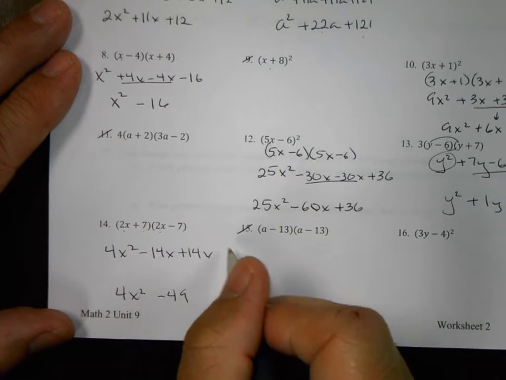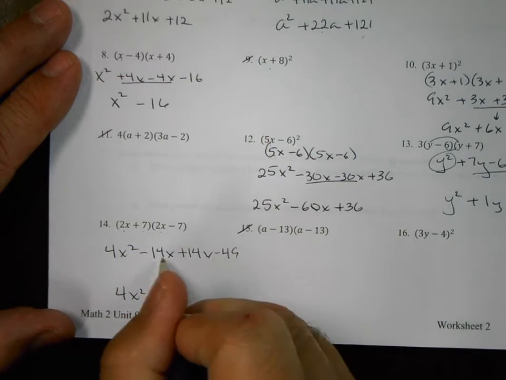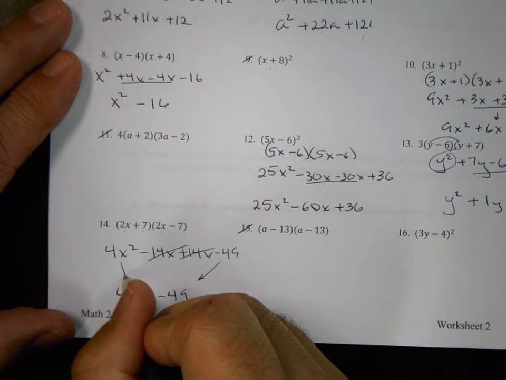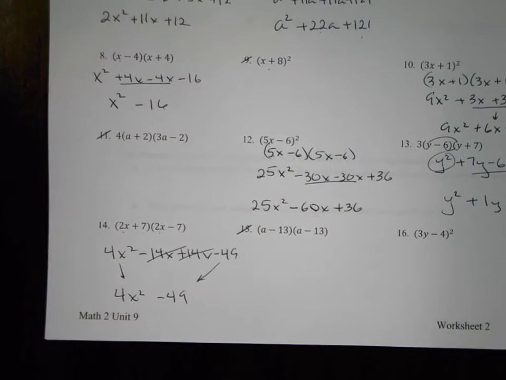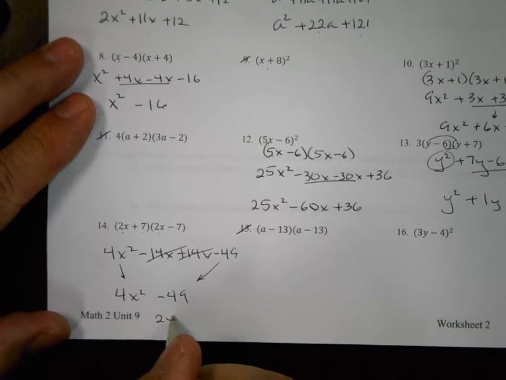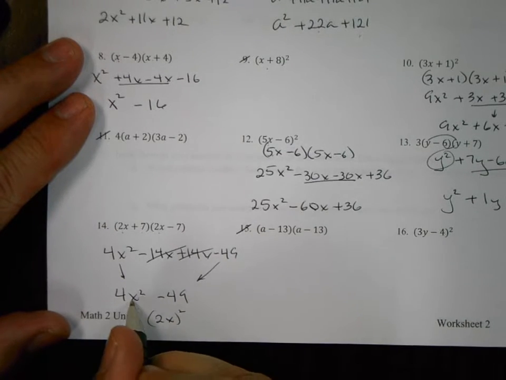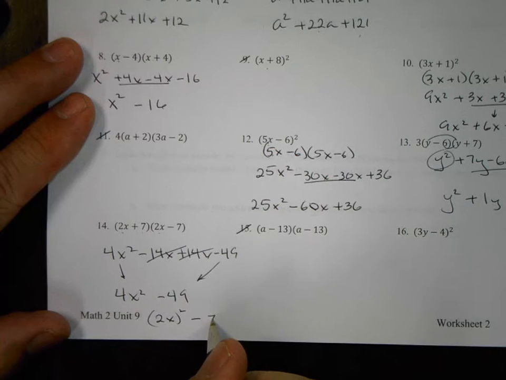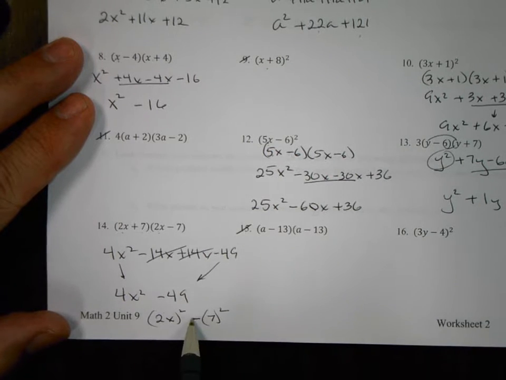And 7 times negative 7 is negative 49. These two cancel, and we get the difference of two squares. Remember, we called it the difference of two squares because we could rewrite this as 2x squared minus 7 squared. The difference of two things squared.